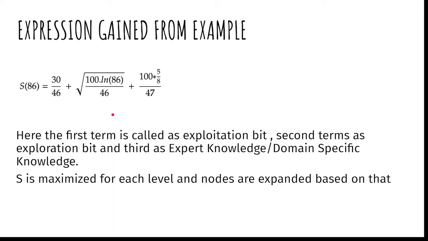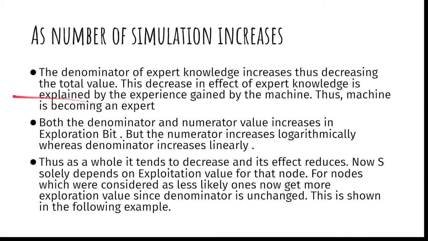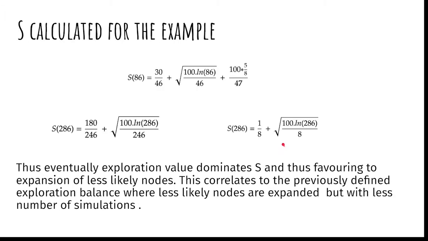So this is how Monte Carlo tree search maintains that balance between exploration and exploitation. So as the number of games increases, like I said, the numerator increases logarithmically and the denominator increases linearly, and overall that term reduces. So for a term with higher exploitation, the exploration term decreases.